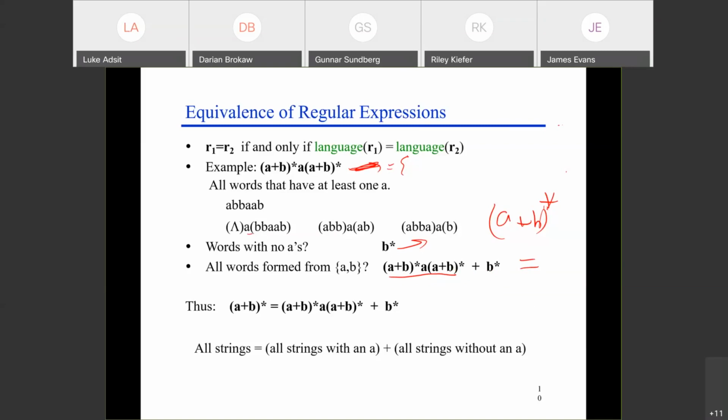Perfect, you are right. So you have a choice. Either you choose this part of the regular expression or that part, and this part has lambda. If we ignore this part and choose this part, we will get lambda in our regular expression. And this is equal to (A plus B) whole star.